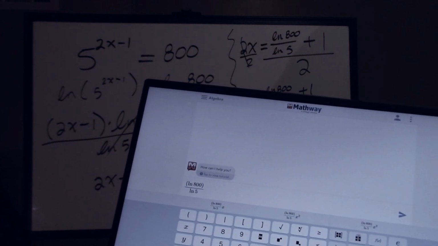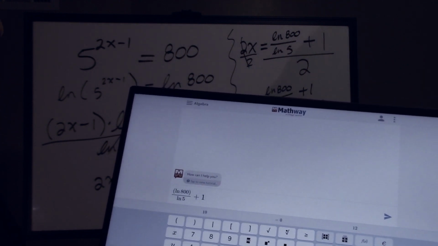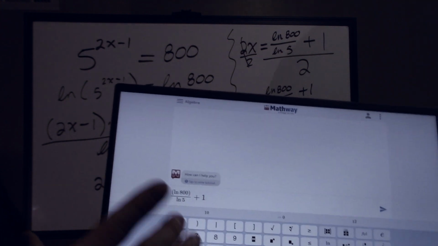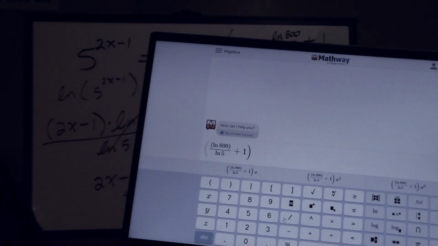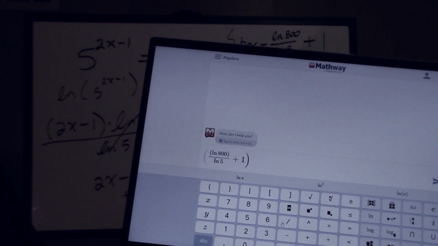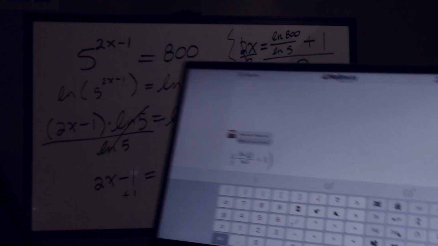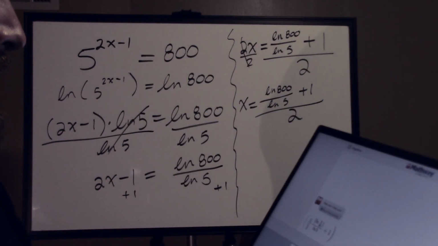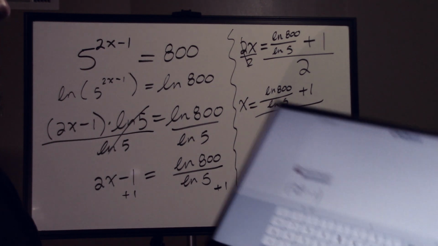Right. And then I'm going to add 1. Right. But I have to be careful because if I'm going to divide this entire thing by 2, I need parentheses. So I'm going to throw another set of parentheses around here and open it up where it's suggested. Oh, I don't know what it's doing with all these fractions. It's not helpful. Right?